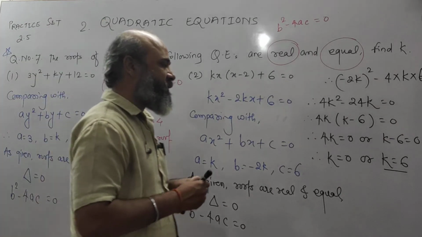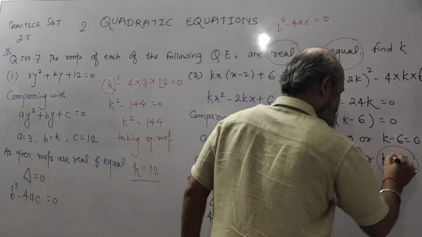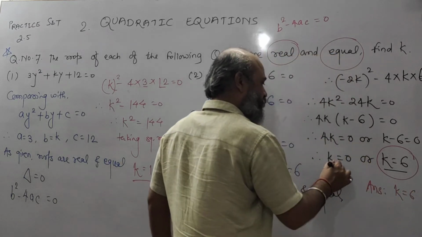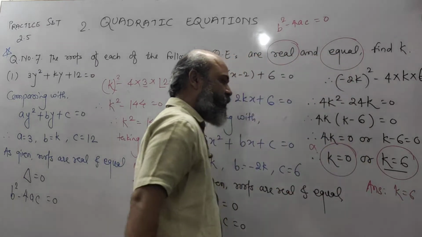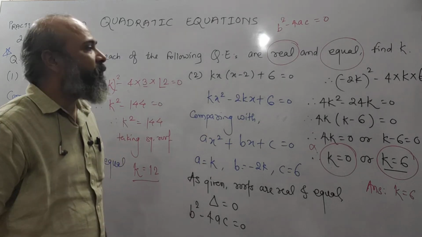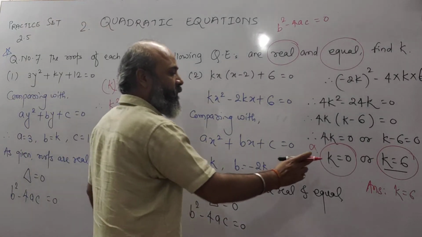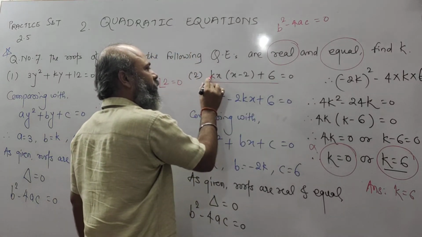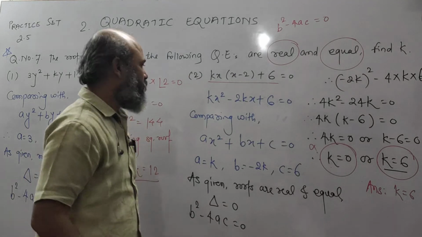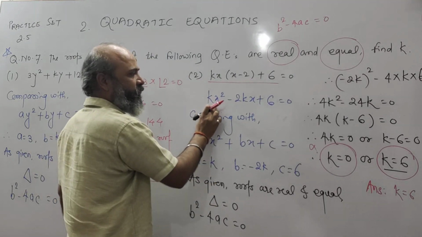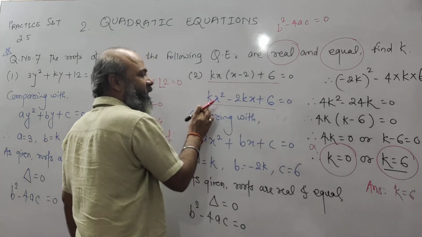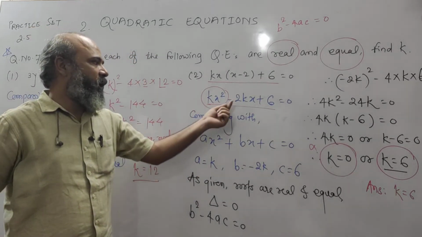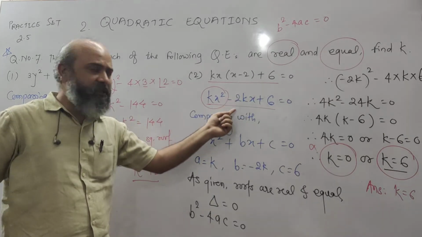Here student we are going to consider k is equal to 6. So your answer is k is equal to 6. You are not going to consider k is equal to 0, because when we put k is equal to 0 in our quadratic equation, this term becomes 0, and the other term also becomes 0.